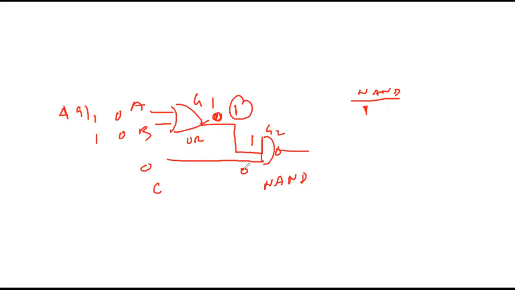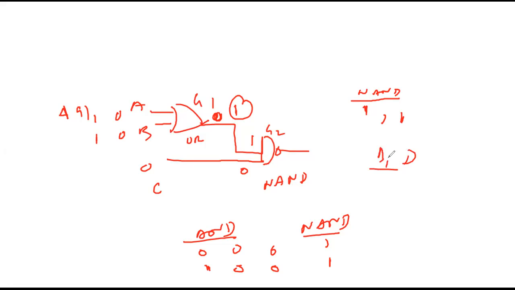See 0, 0 in AND is 0, but in NAND it will become 1. Same way 1 and 0 in AND will remain 0, in NAND it will become 1. So our outputs are 1 comma 1. 1 comma 1, गलती से दो जगह पे मार्क है, तो B and D are both options.